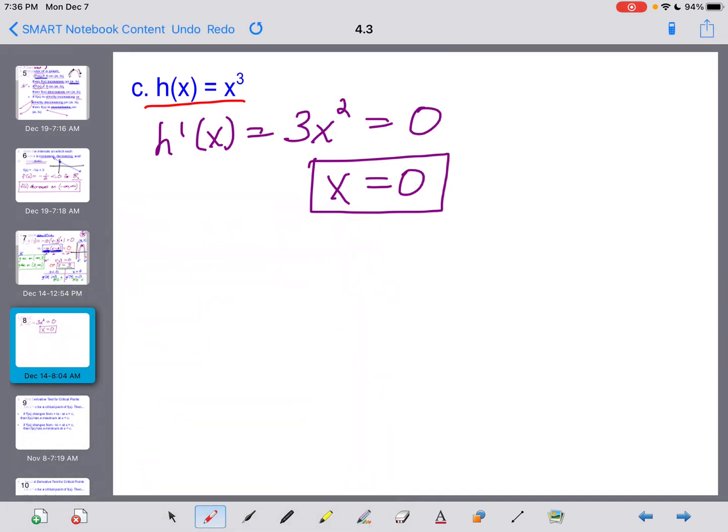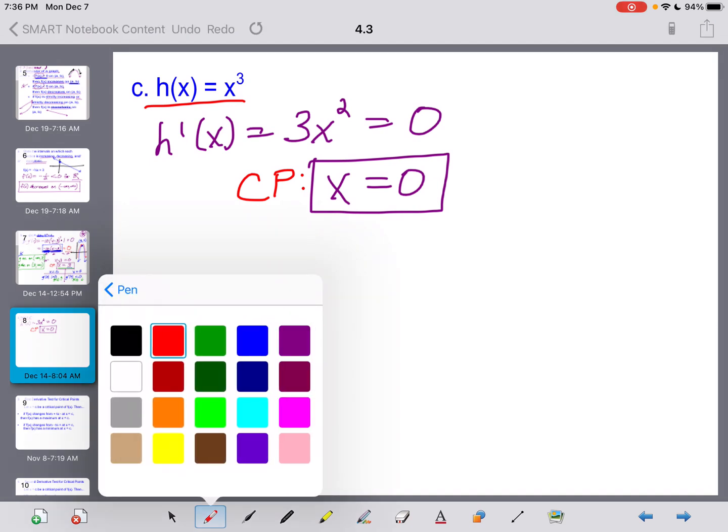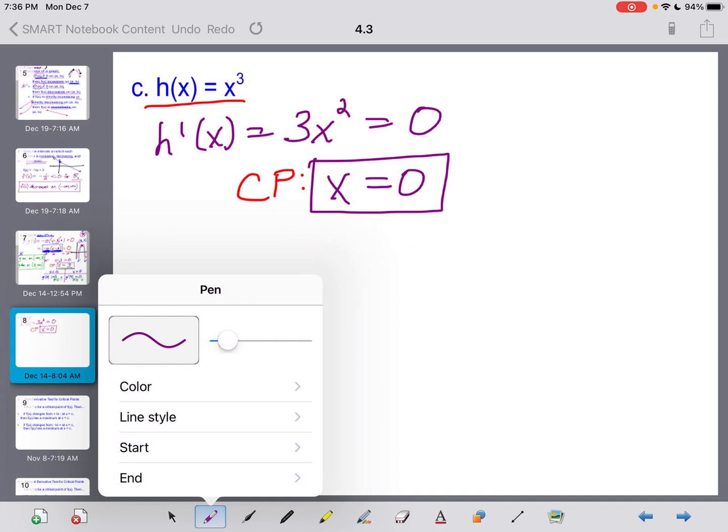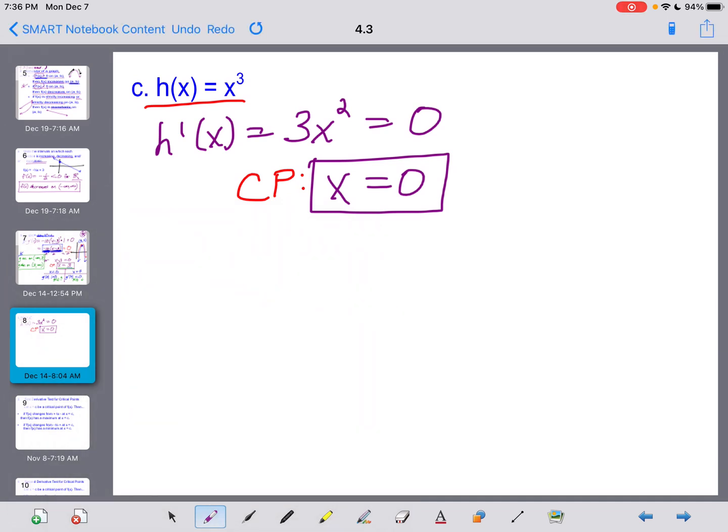And I do want to be clear, x equals 0 is a critical point. Why? Because if you go back to your definition of a critical point from our 4.2 notes, a critical point is any value of x for which the derivative is equal to 0, regardless of whether or not that point is a maximum or a minimum. So just like you saw me do on the last problem here, I'm going to go ahead and make a t-chart here, and we're going to pick a test value less than 0 and a test value greater than 0.